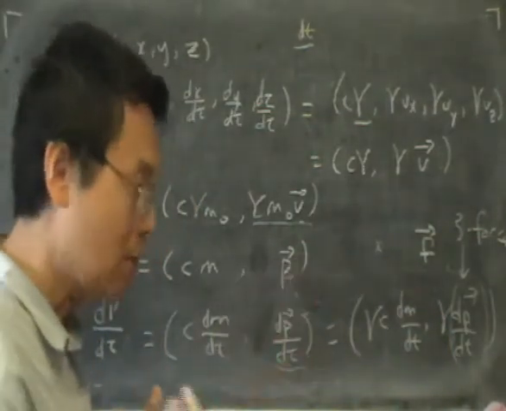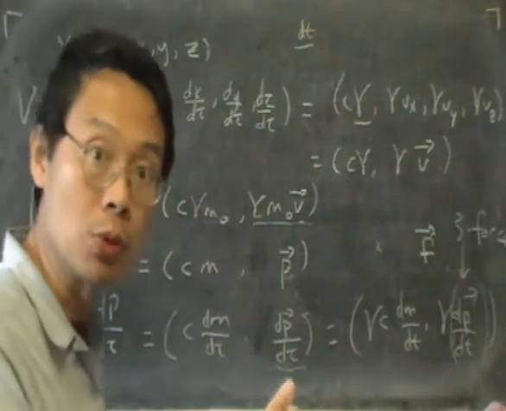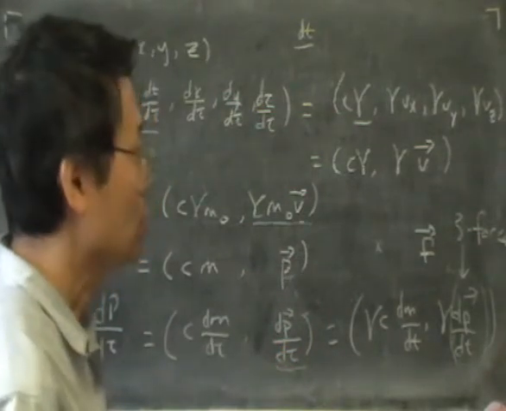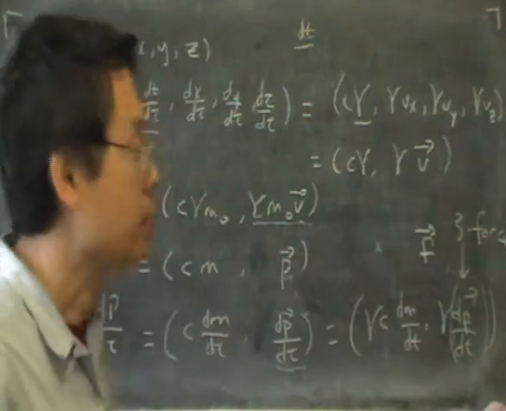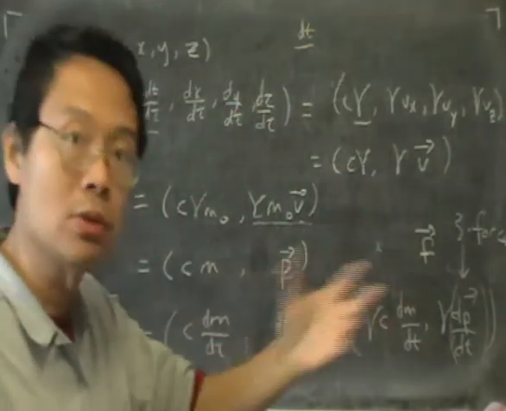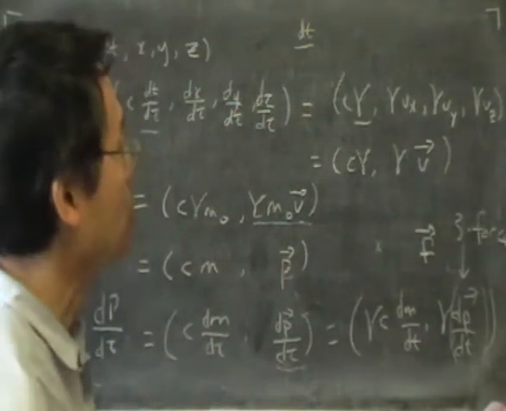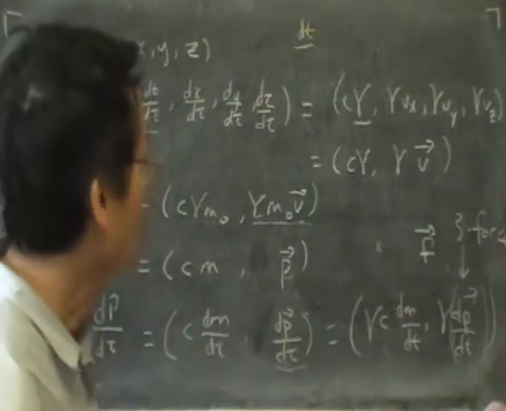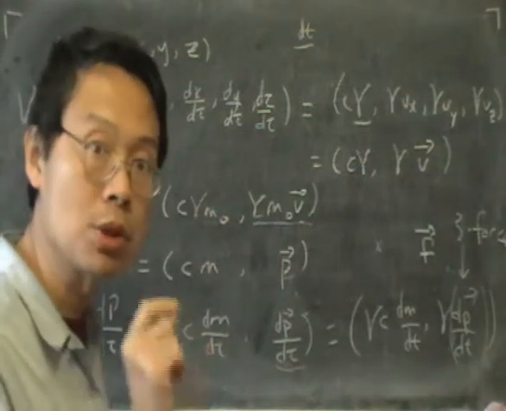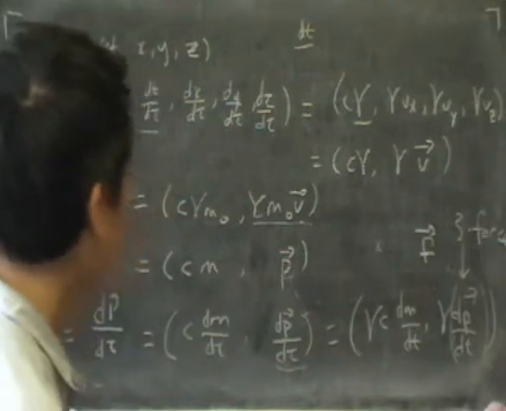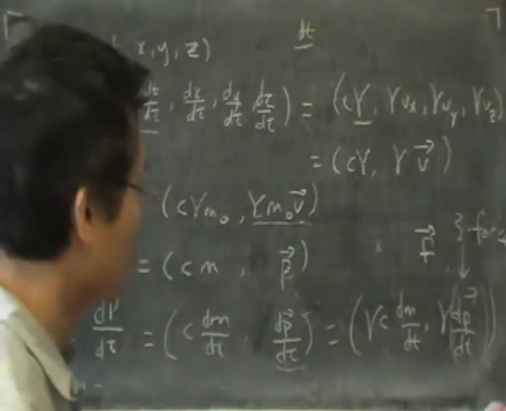And this property is often helpful for us to do the calculation when we need to relate things between different frames of reference. It helps us to find answers to questions in special relativity. And we'll see that in the example afterwards.